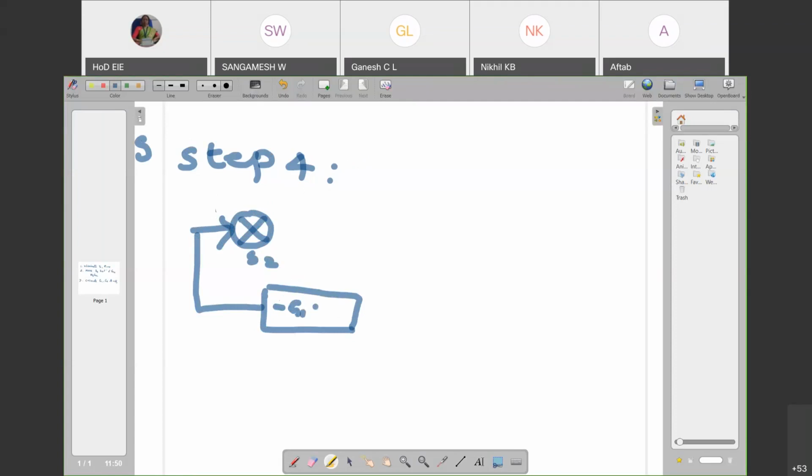Minus G1, G2, H1. Fine. So it goes there. And this fellow with a minus sign. This fellow S3 with a minus sign. Okay.